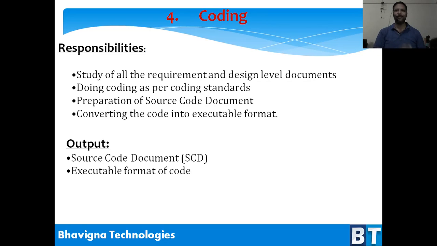We have to give the executable code, the exe, to the testing department. Even if you give the code to testing, it is of no use. So you have to give the executable file. The output will be the source code document and the executable format of the code, meaning the .exe file.